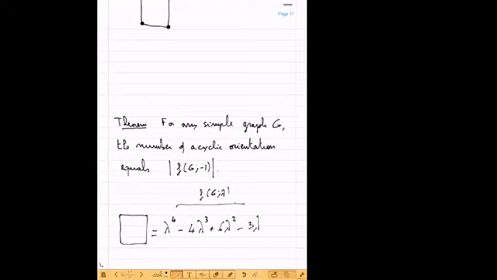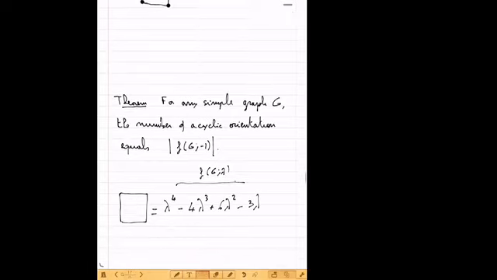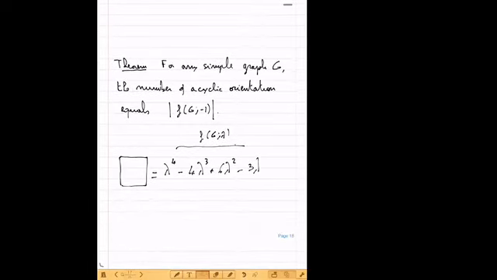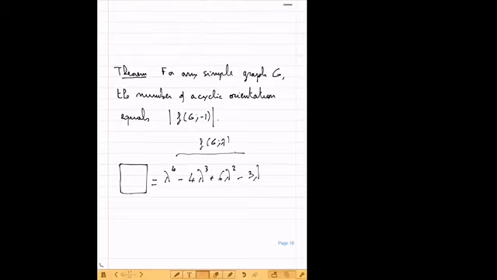Let's take the absolute value of this polynomial evaluated at -1. Here there is no need of taking the absolute value, but in general there is. This is 1 plus 4 plus 6 plus 3, and this is 14.